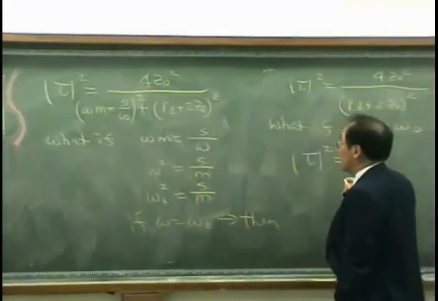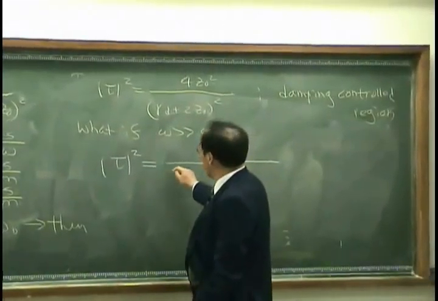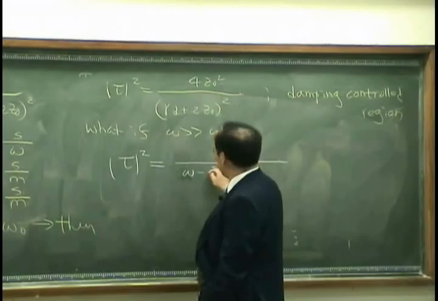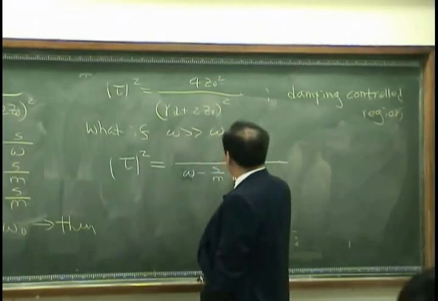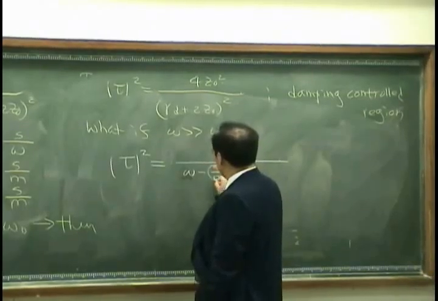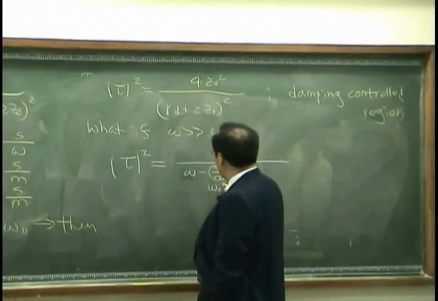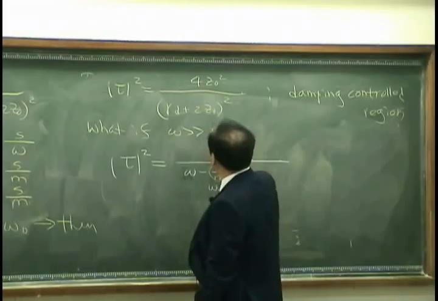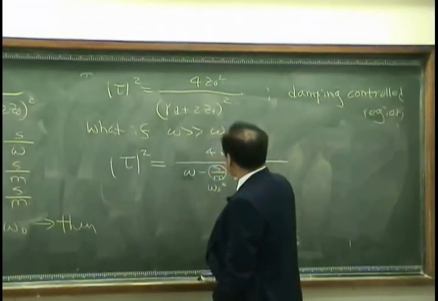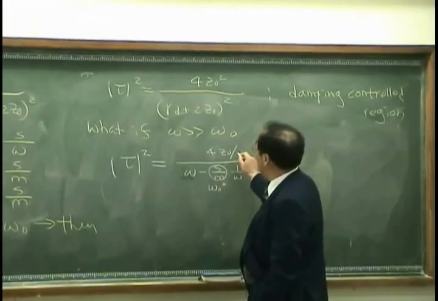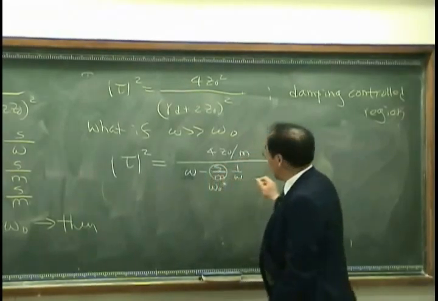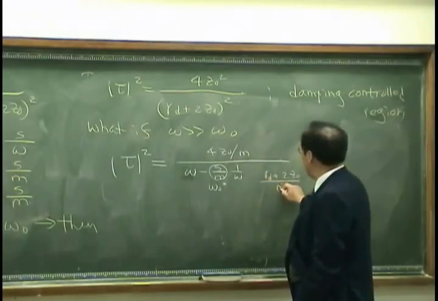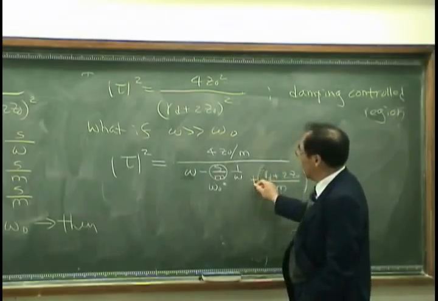So what I have is 1 or omega minus S over m, and I have omega, and this is omega 0 square. So if I divide both sides, I have to divide 4z0 here by m, right? And also I have to divide RD plus 2z0 divided by m, right?